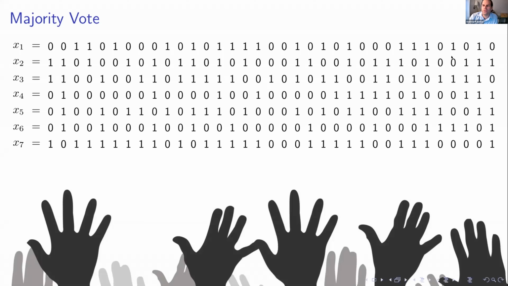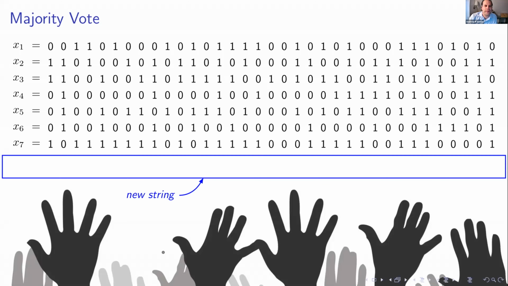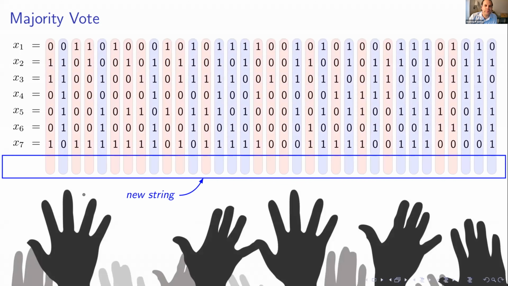So a majority vote works as follows. If I have a collection of strings, for example, binary strings like this, then what I'd like to do is create a new string. To create the new string, I'm going to allow this collection of strings to take a vote. What I mean by that is I look in every position, and at each index, I just apply the majority function.